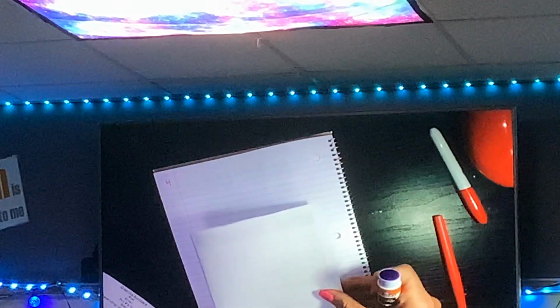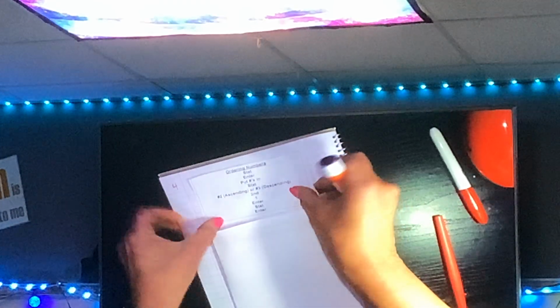Now when you glue this, please put it at the bottom of the page. And tomorrow we'll put something on it. I know that just looks boring. Okay, so have that glued on there on page 4.